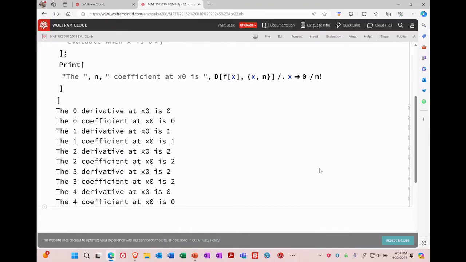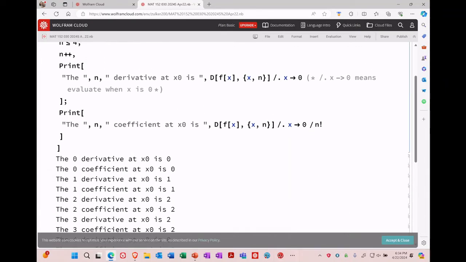And now we'll get a list of the derivatives and coefficients. And so I would probably not include this line here, simply because it's unneeded. I'm just doing it for demonstration purposes.